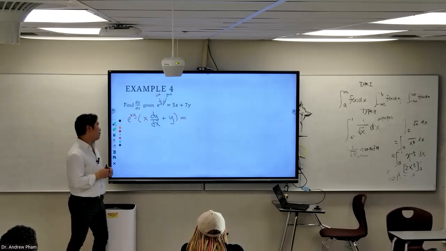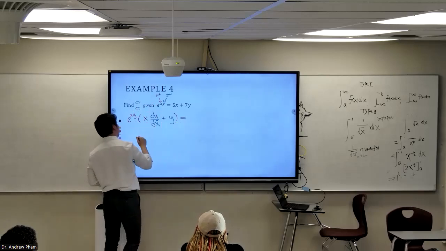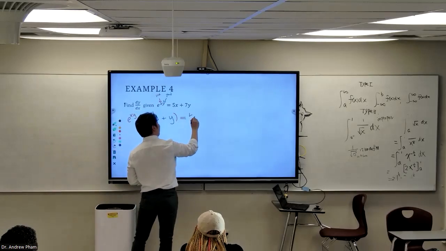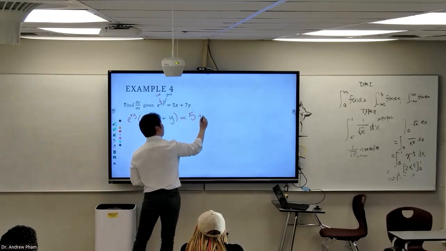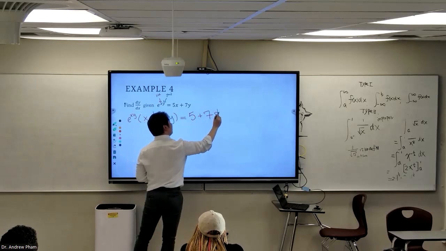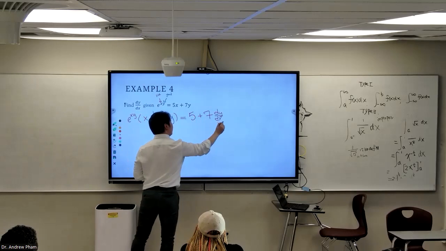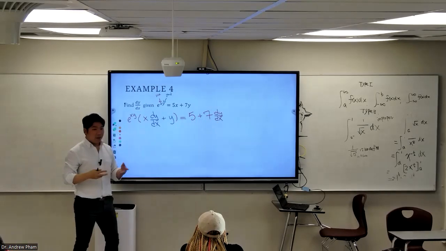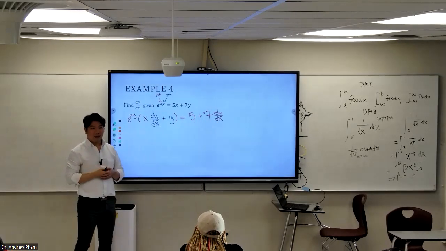What about on the right? What's the derivative of this entire right side? 5 plus 7. Is there anything else? Yes. It'll be 5 because derivative of 5x is 5. And then the derivative of 7y is 7 because of power rule.